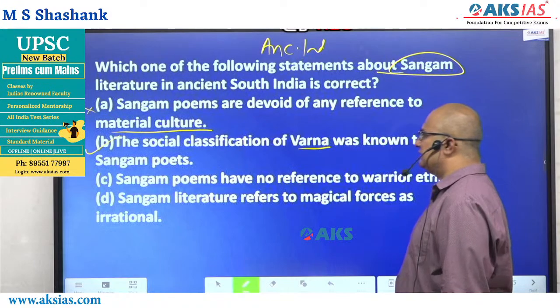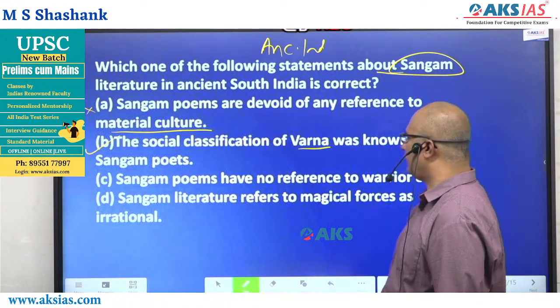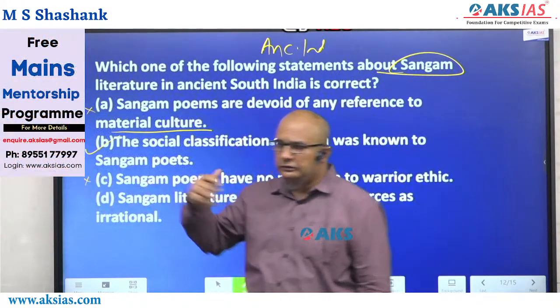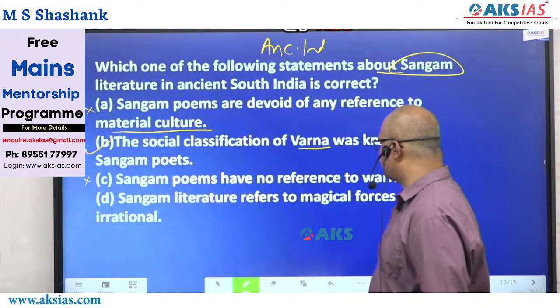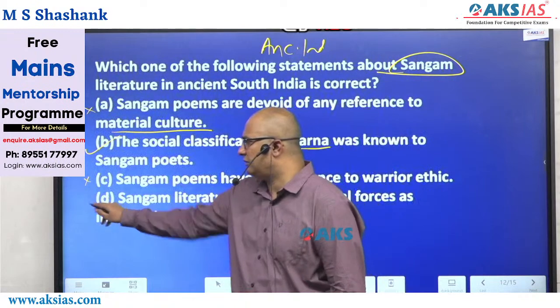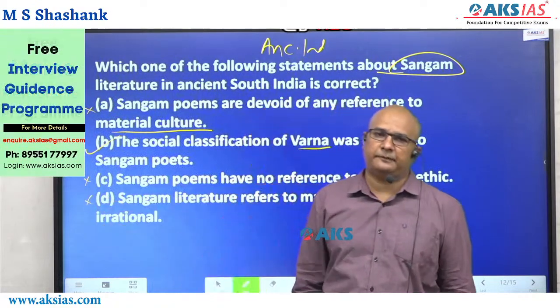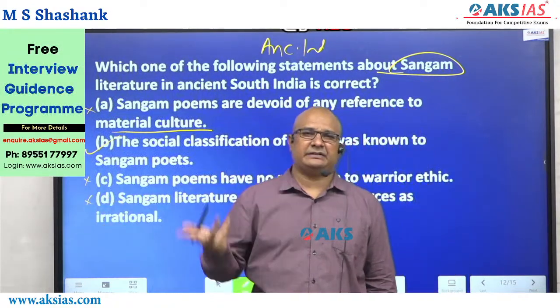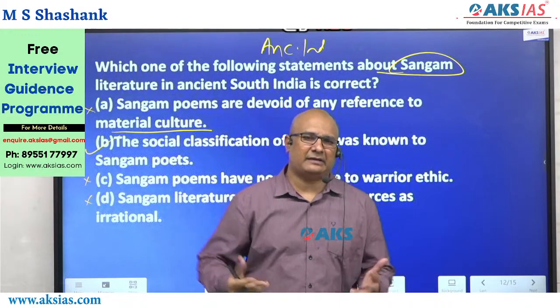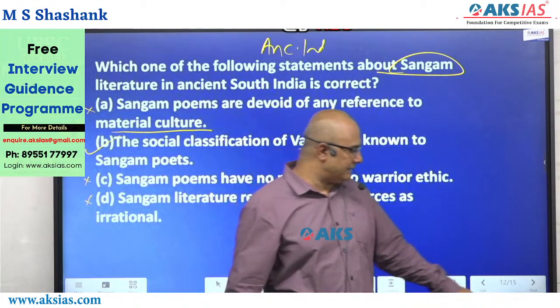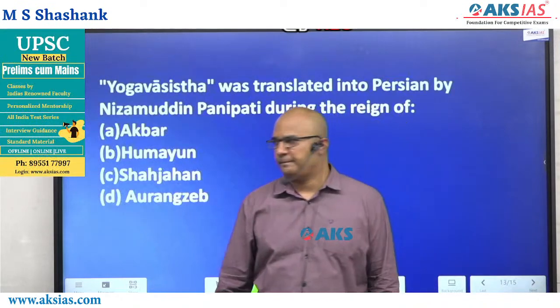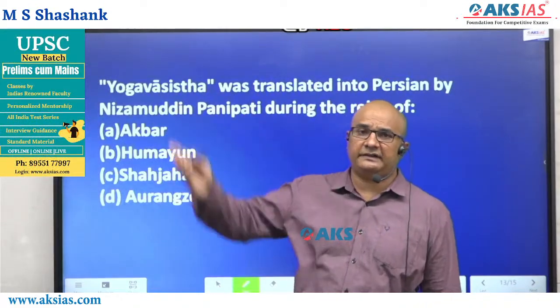The third, the Sangam poems have no reference to warrior ethics, wrong. It talks a lot about war and all these things. Sangam literature refers to magical forces as irrational, wrong. They believed in magical forces. In those ancient societies, not only Sangam, most human societies anywhere in the world would believe in magic in those times, because we are talking about periods in BCs.